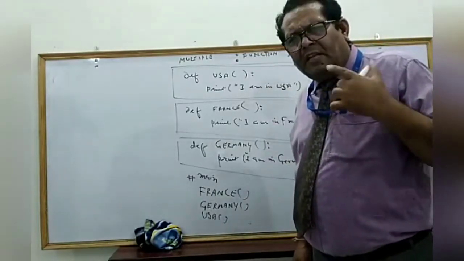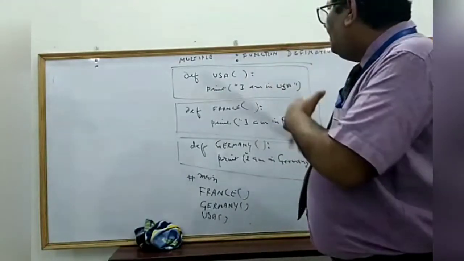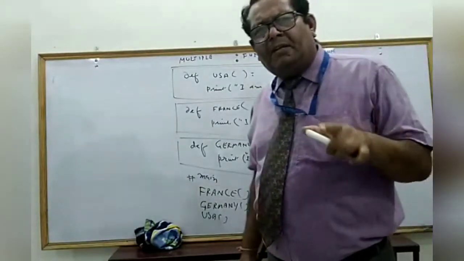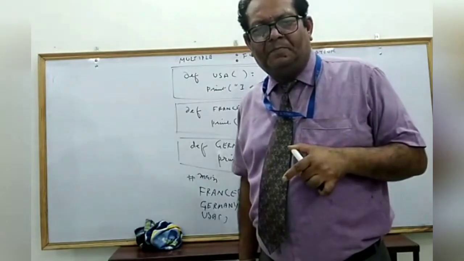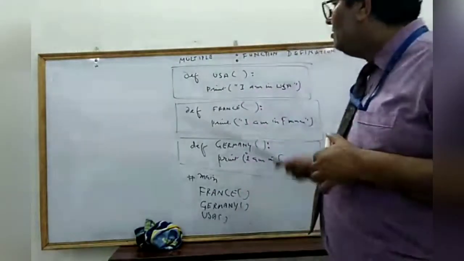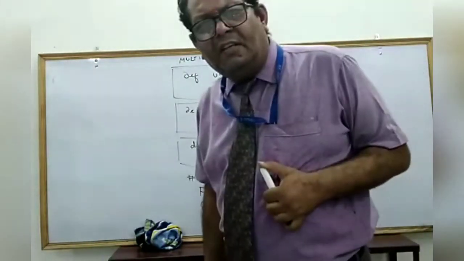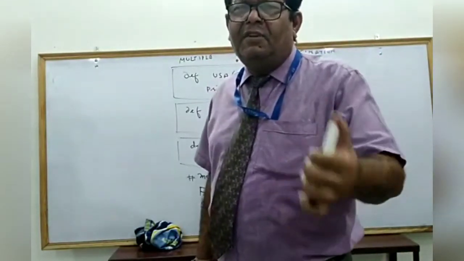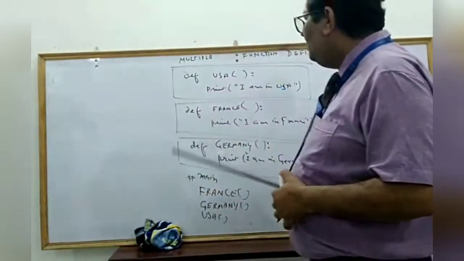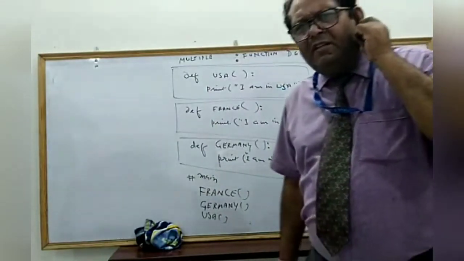This makes it clear that the order of function definition is not important, but what is important is the order of function calling. Now you can test this code in the system and see the output yourself. The order of function definition is not important, but the order of function calling is important.